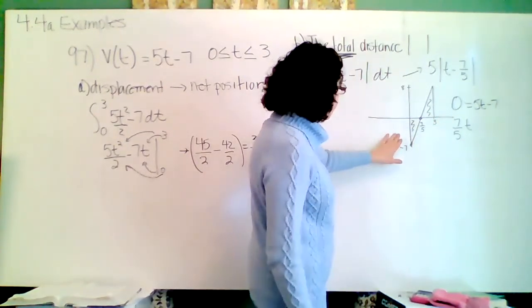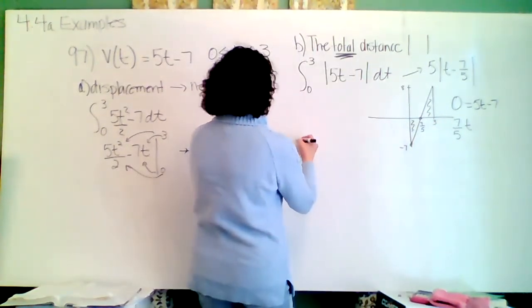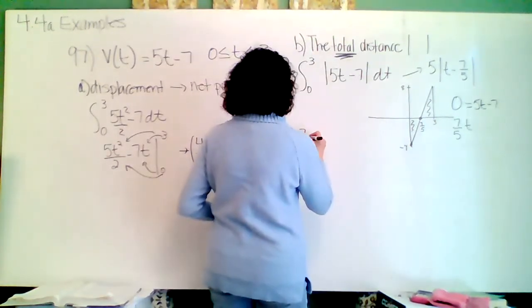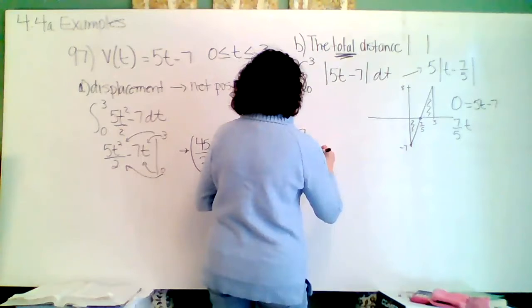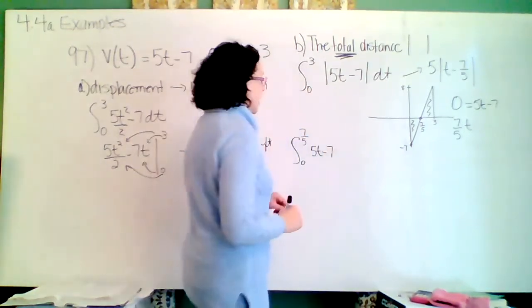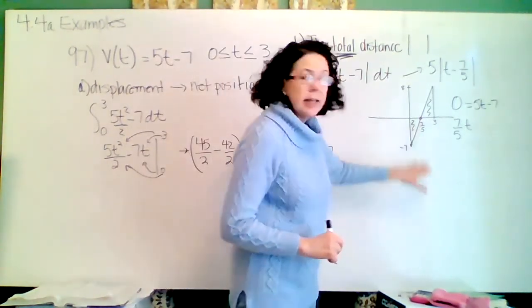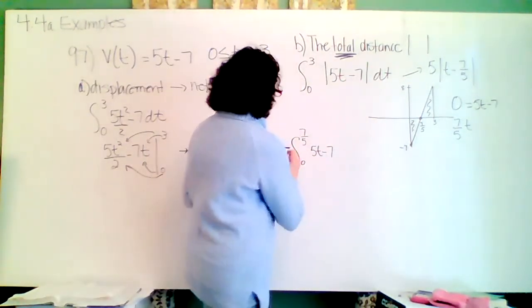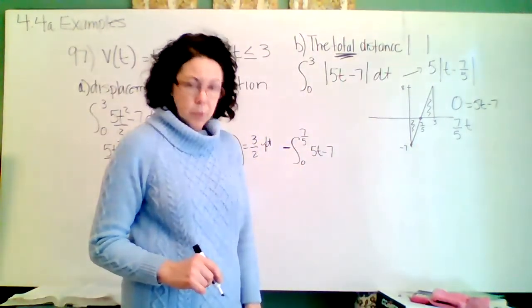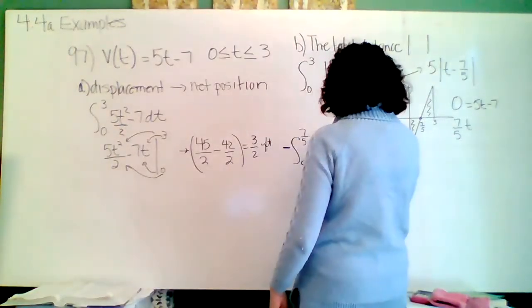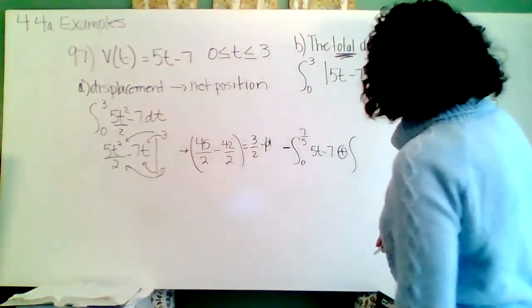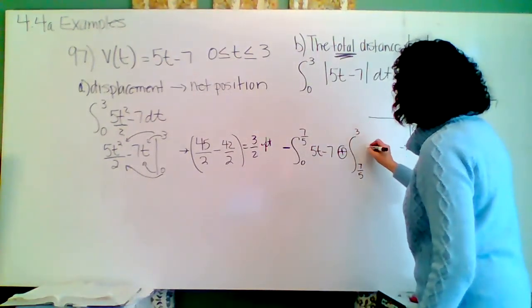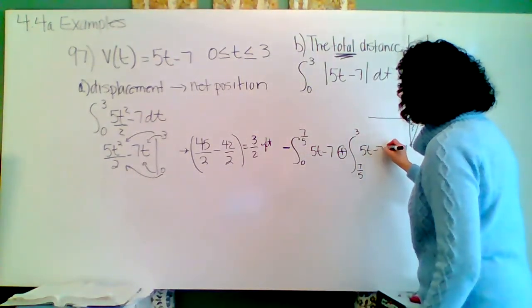My first integration would be from 0 to 7/5 of the function 5t minus 7. Because this area is negative and I'm doing the absolute value, I would put a negative in front. Plus my second integral would be from 7/5 to 3 of 5t minus 7.